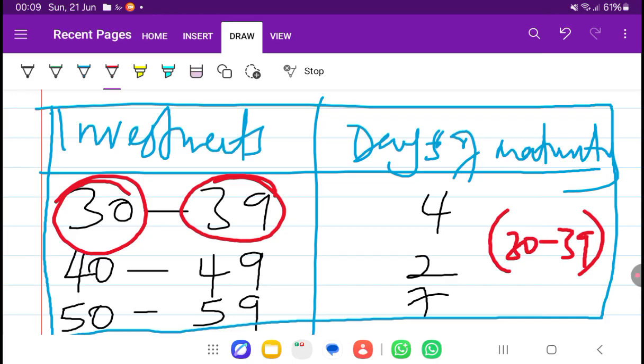They all belong in that class. And this applies to all other classes, that even this 40 and the 49, they are all inclusive within this class. They are inclusive.